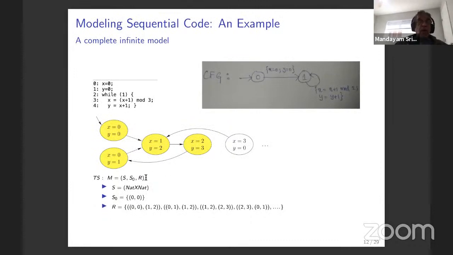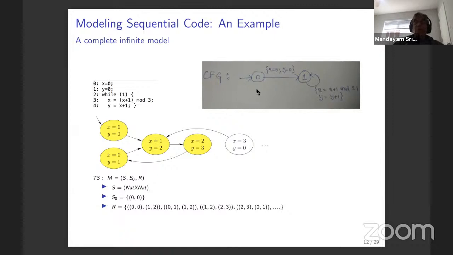Now, one more question that I want to raise: since we are allowing for infinite things, how can you capture this? Obviously, if you define your model over infinite states, then your transition system will also have infinite states, correct? Do you agree? So how will you capture this?